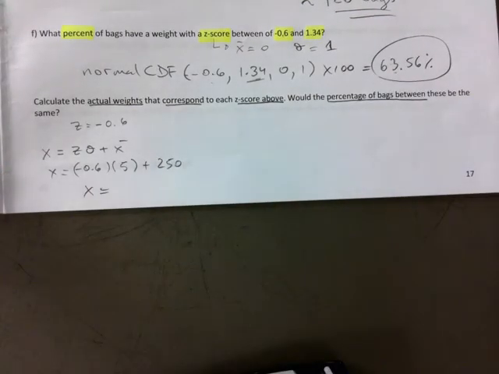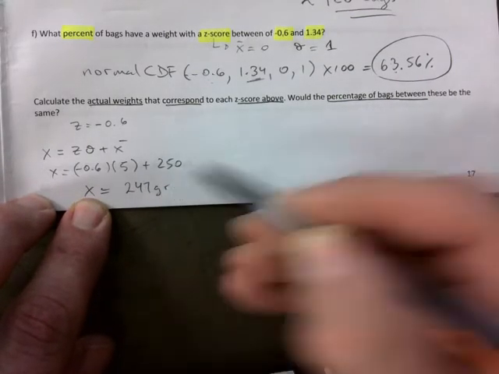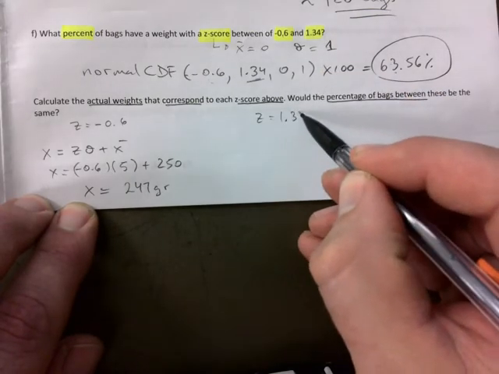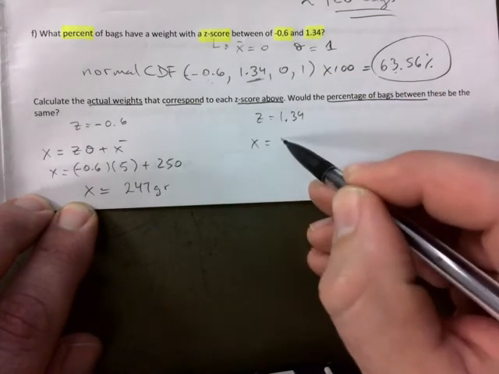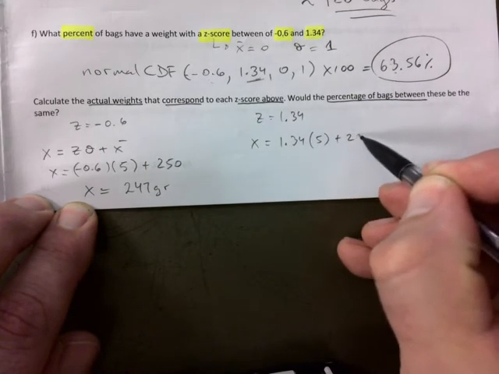That's negative 3 plus 250, which is 247 grams. And a z-score of 1.34, I would go 1.34 times the standard deviation of 5 plus 250.